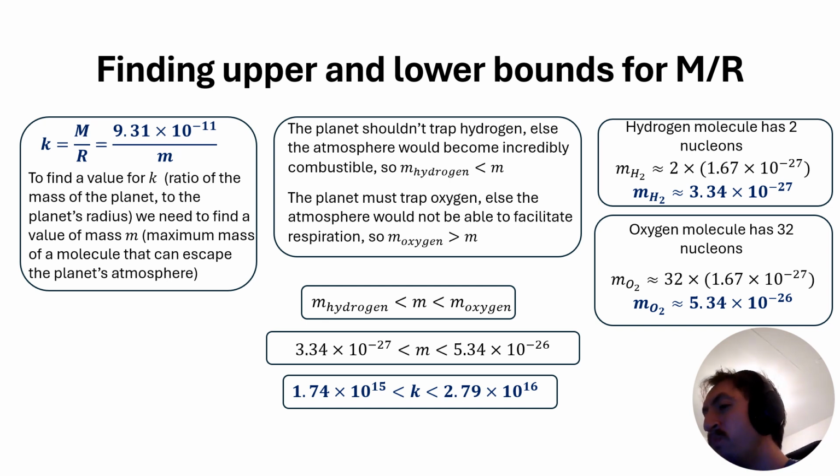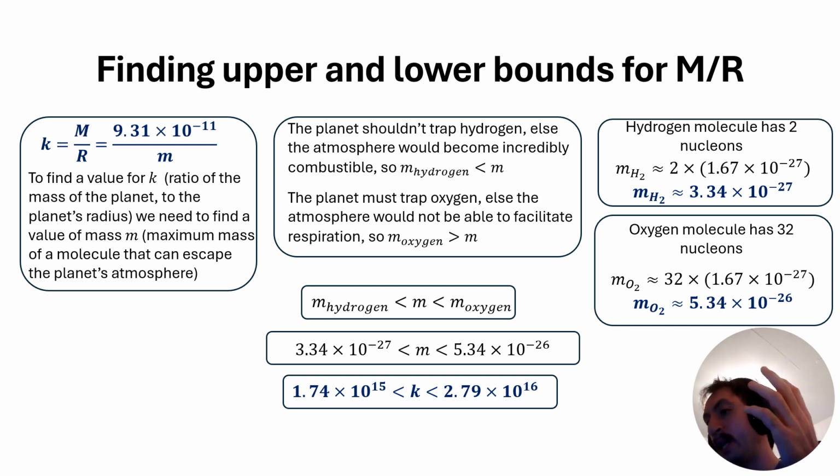But we want to get towards a lower and upper bound for the radius itself. So we want to look at something else that is going to have mass and radius in it to give us a new piece of information.